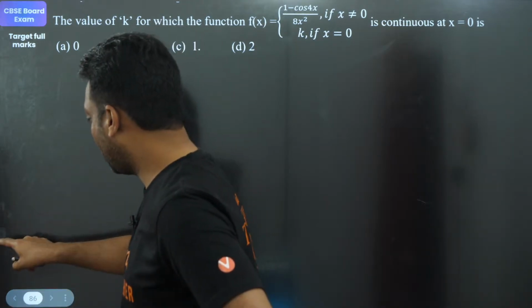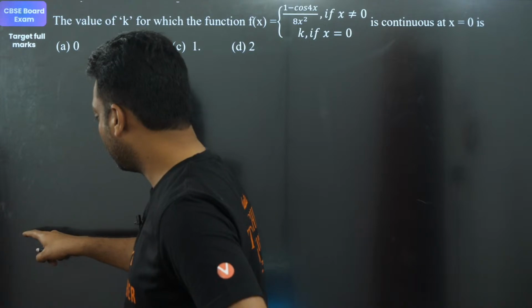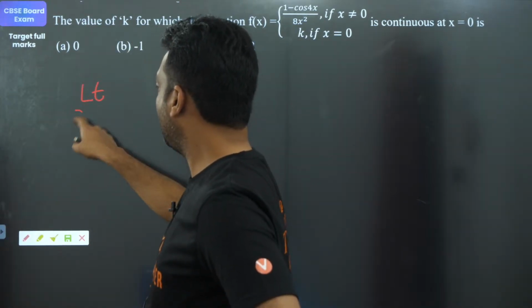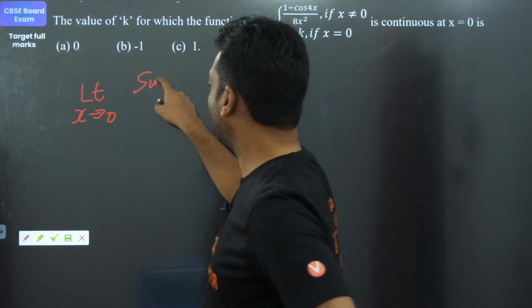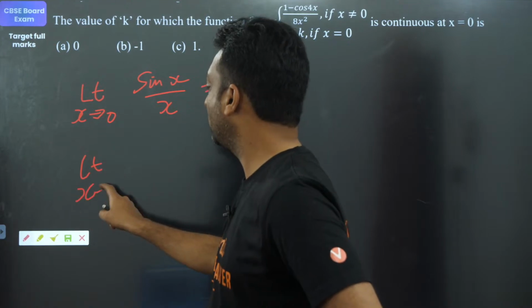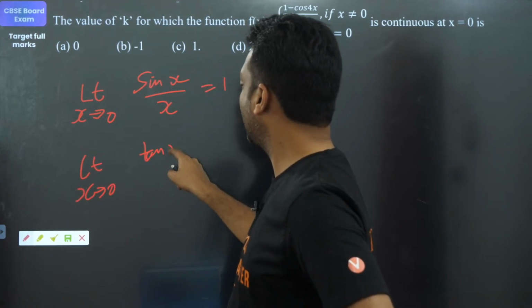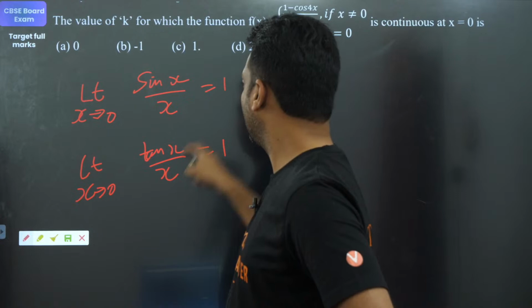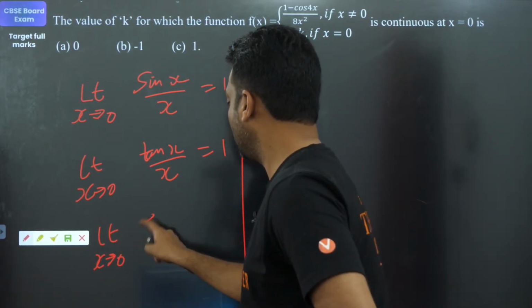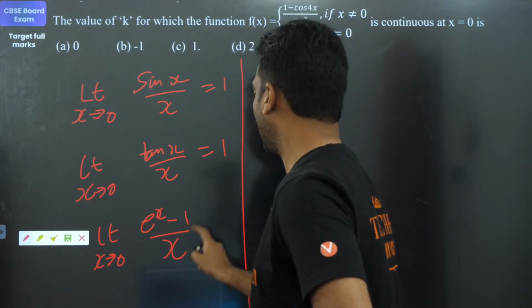I will tell you all the formulae that you can apply. Limit x tending to 0 sin x upon x is 1. Limit x tending to 0 tan x upon x is 1. Limit x tending to 0 e raised to power x minus 1 upon x is 1.